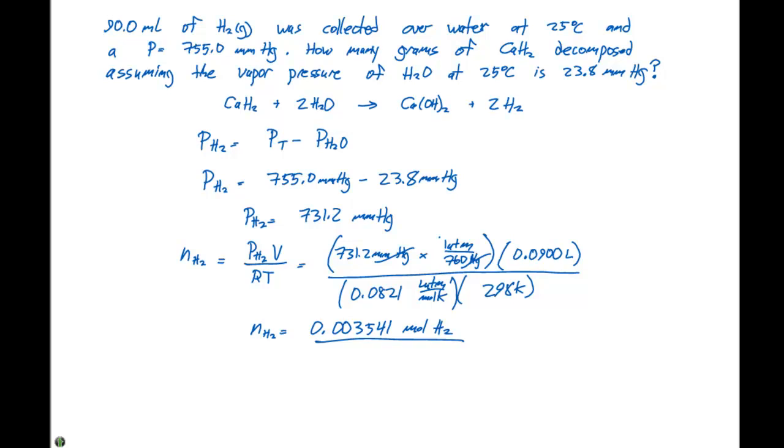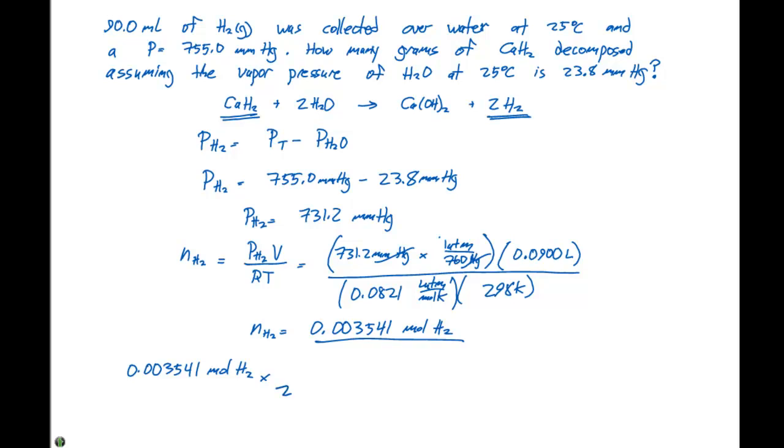If we want to figure out how many grams of CaH2 decomposed, we need to relate the H2 with the CaH2, and we can do that with the stoichiometry of the chemical equation. So we're starting with 0.003541 moles of H2, and we want to convert this over to grams of CaH2.